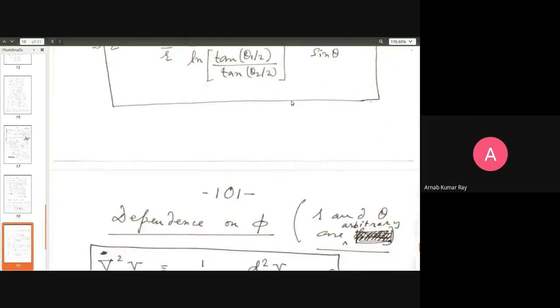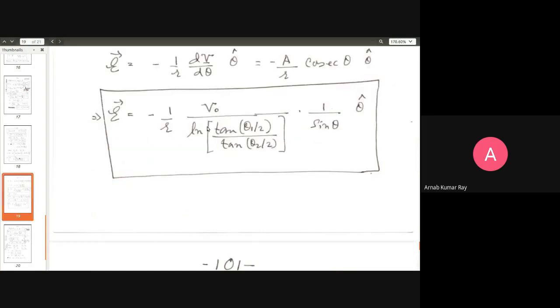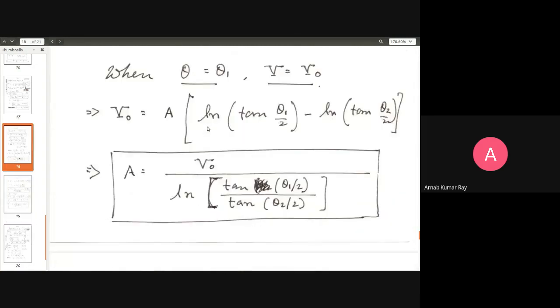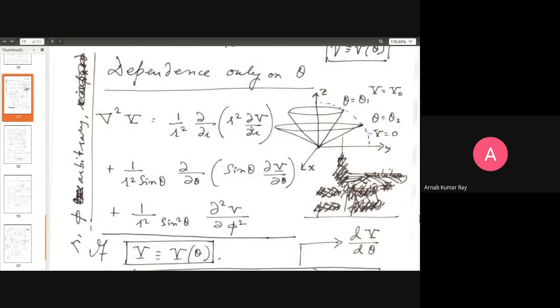We shall now take up the last of the 3 coordinates in the spherical polar system, namely phi. We have worked with r, we have worked with theta, and now we shall work with phi. So let us go back to the general form of Laplace's equation in spherical polar coordinate systems.